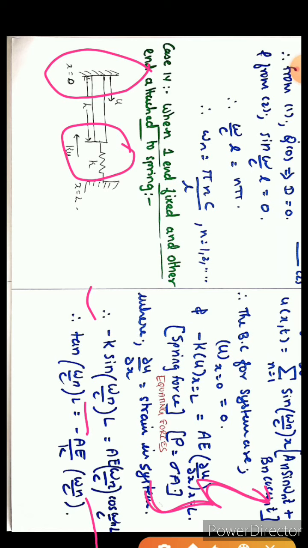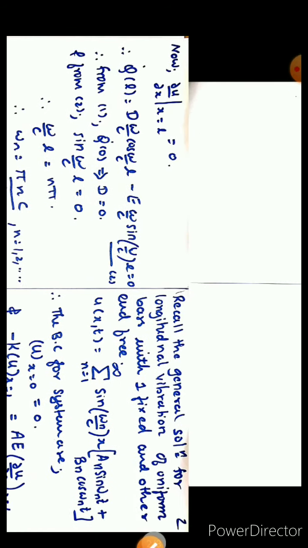Even if you want to, just substitute those values in the general solution of this equation. Clear? Now taking sine upon cos, you will get tan of omega n by c into L equals AE by K into omega n by c.